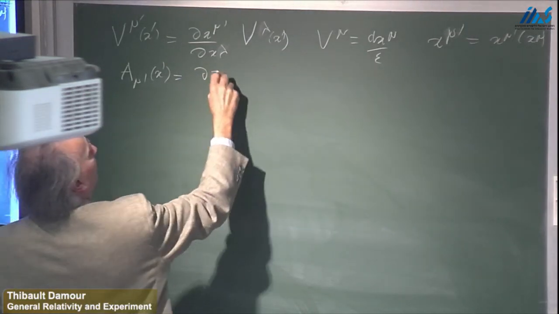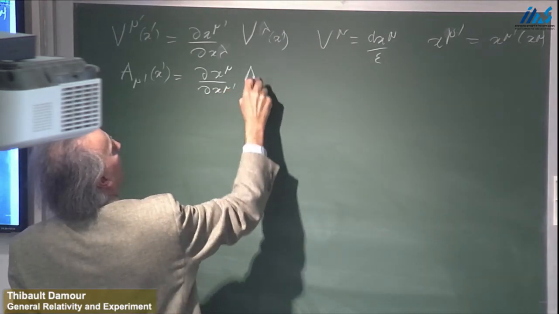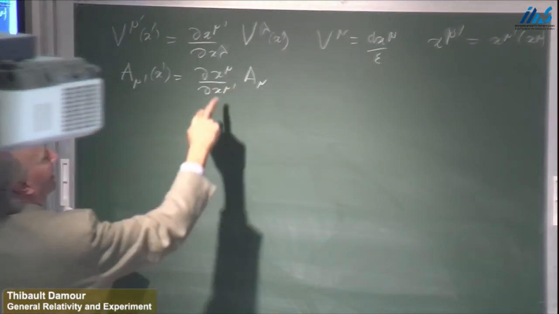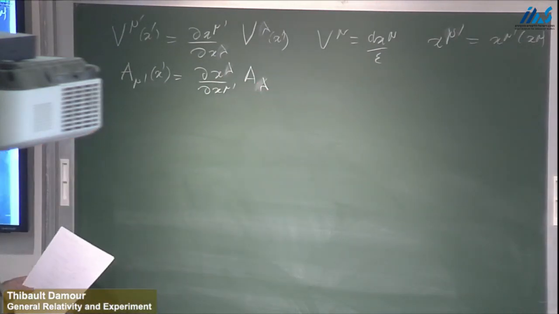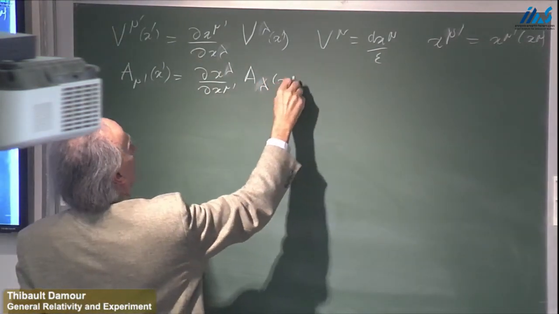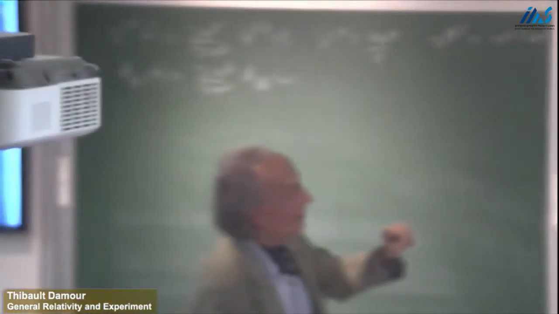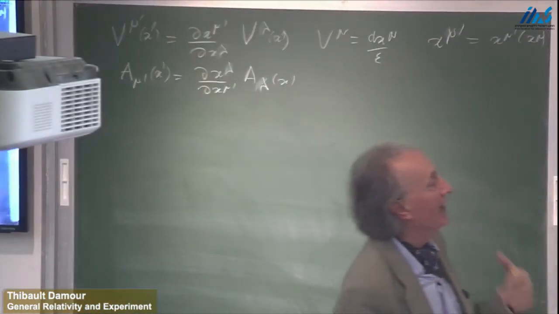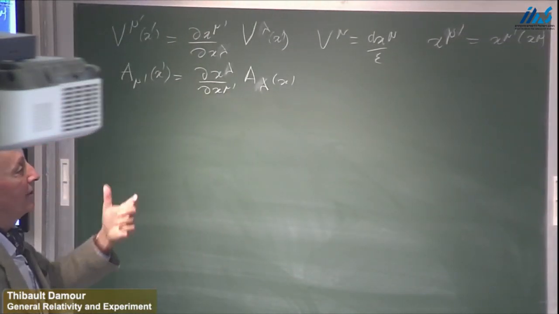So here the mu prime is down, so I can immediately write this. And if you don't like to see the same index, you change the index, but it is the same formula. It's just a shorthand.